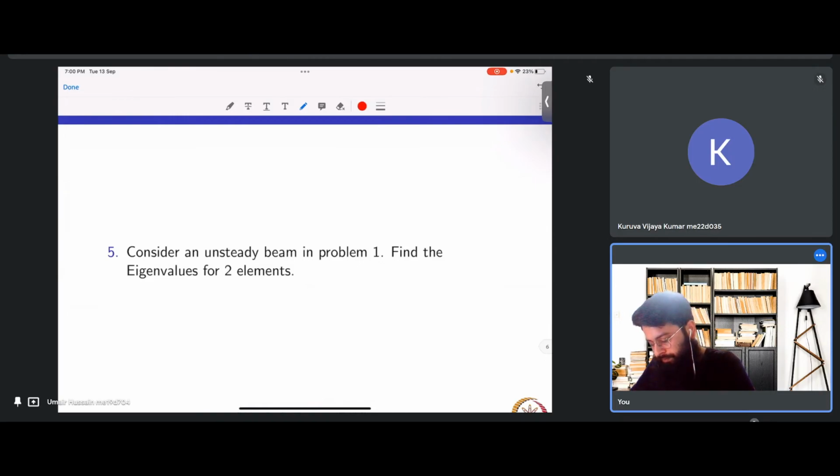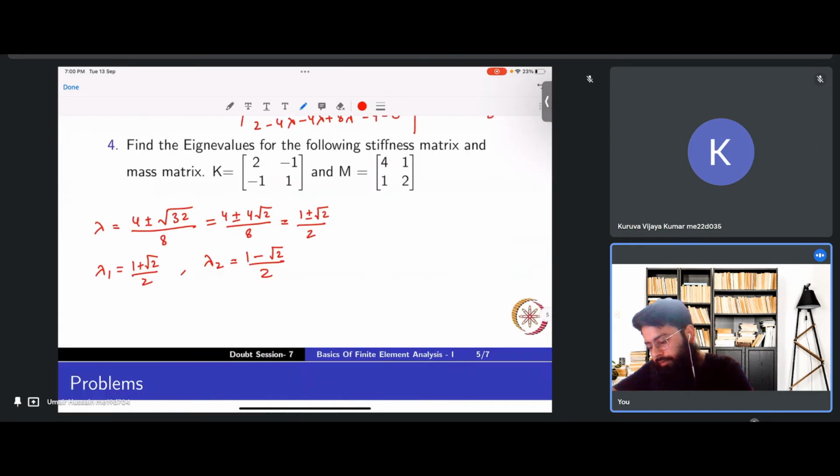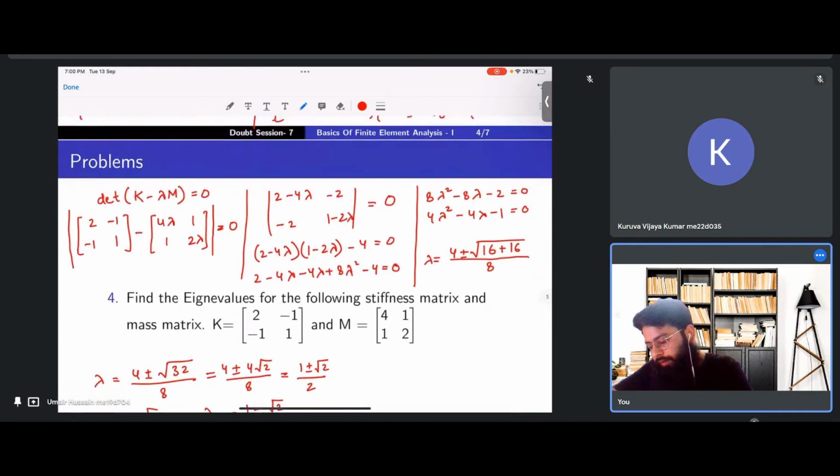Okay, so we'll consider an unsteady beam in problem 1. So we'll see what is problem 1. What can we do about it?